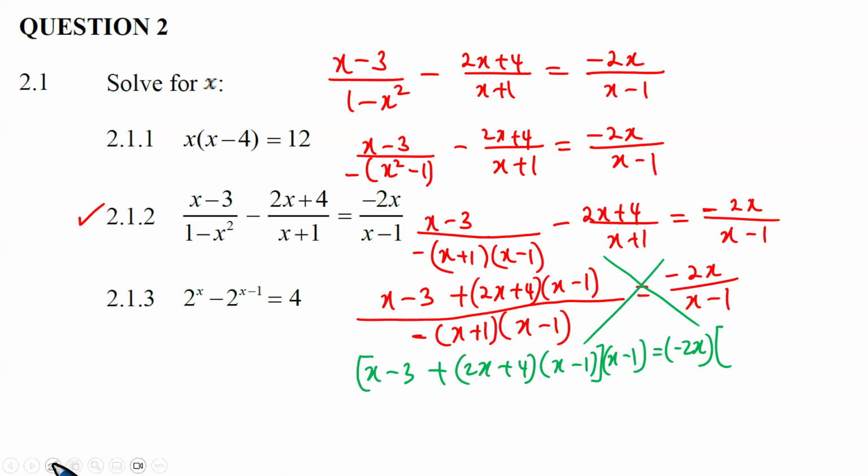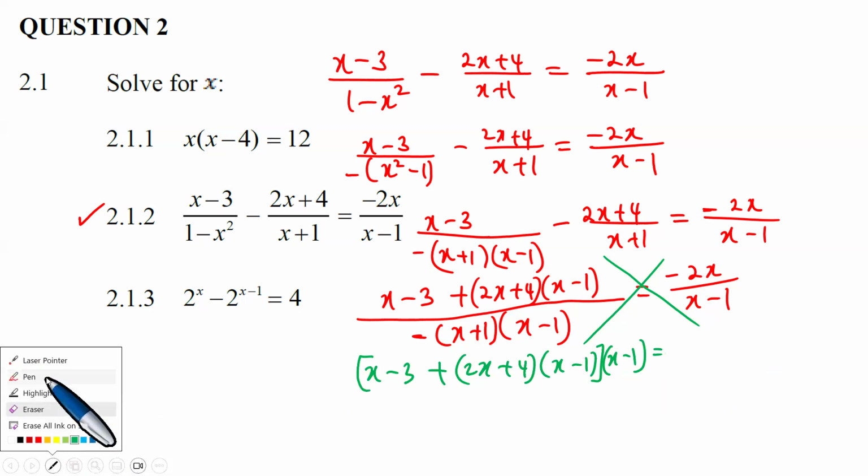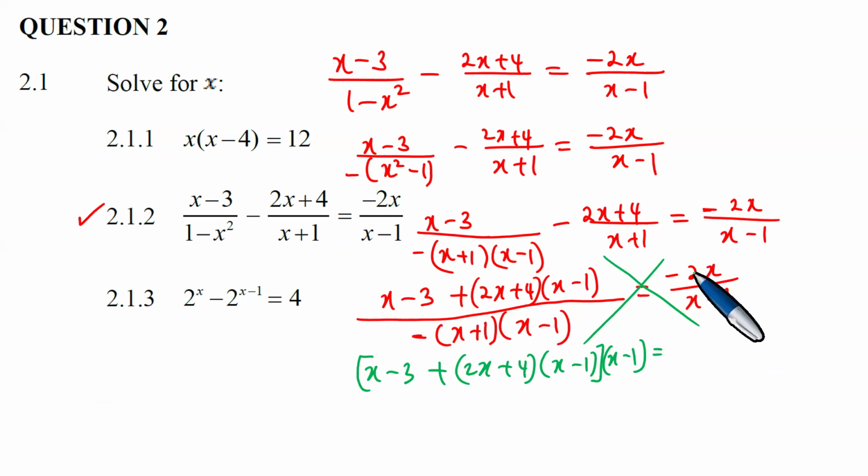So we multiply this times this: negative times negative is positive, positive 2x, and then it's multiplied with x plus 1 and then x minus 1.